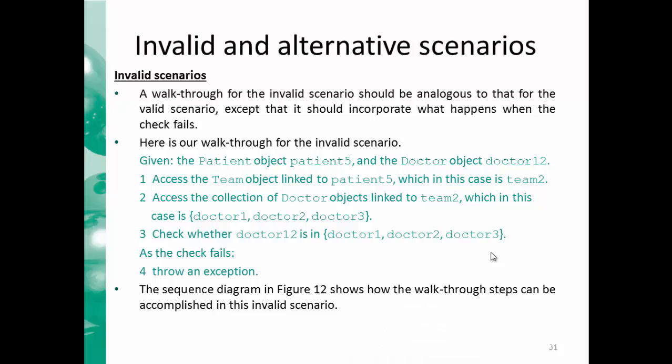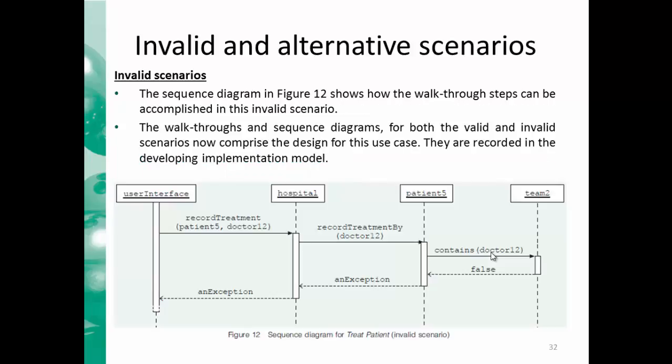Of course, this reporting needs to be put in a sequence diagram, and before that in a walkthrough, and at the end the system will throw an exception, as you can see in step 4, saying that Dr. 12 is not permitted to treat patient 5 because he is not in the team that cares for that patient.